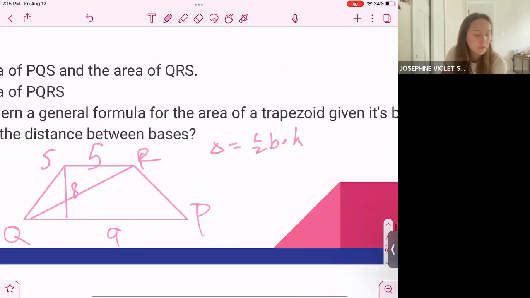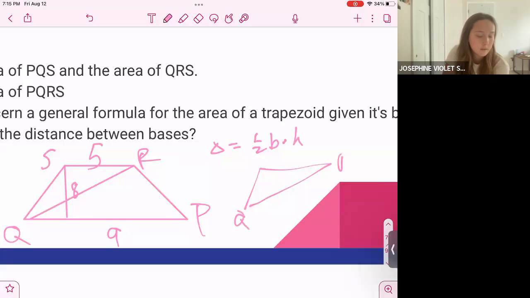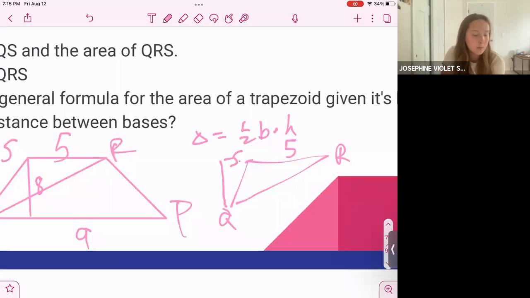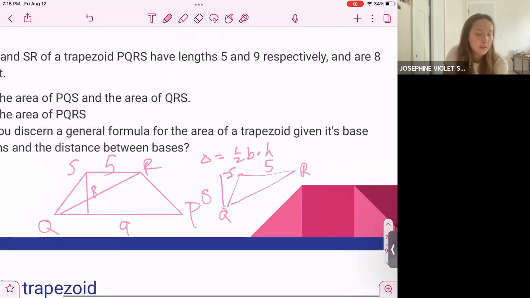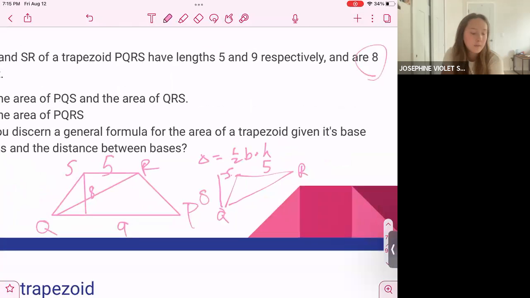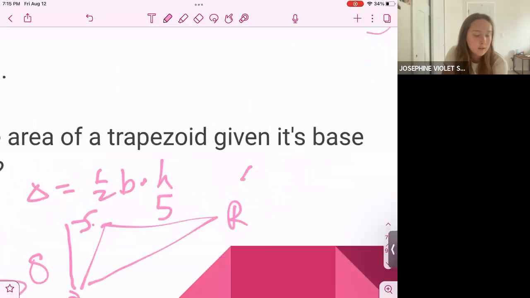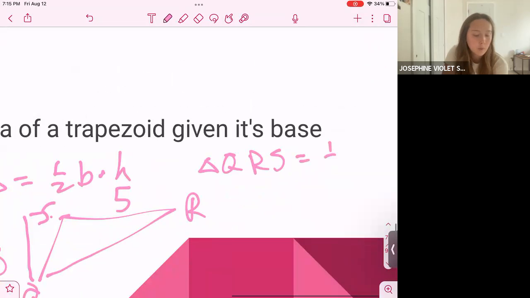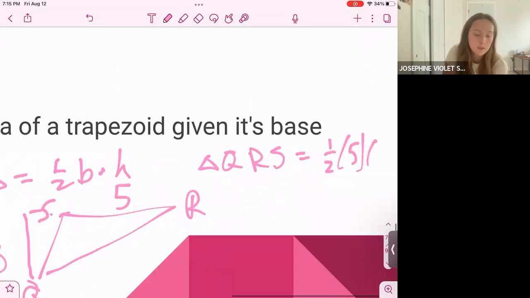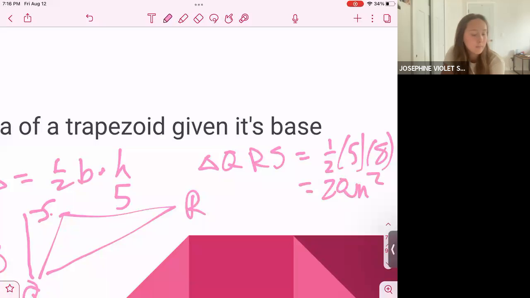If we can separate it from the rest of the trapezoid, we know this side is 5, and we also know that the height, or the distance from the top to the bottom, is 8, because it tells us that the bases are 8 units apart. So for triangle QRS, the area would be 1/2 times 5 times 8, which would be 20 units squared.